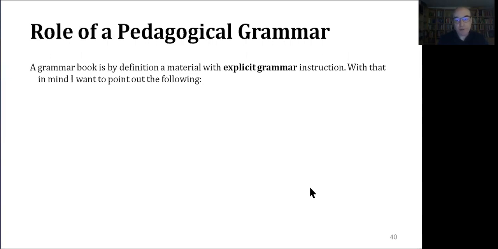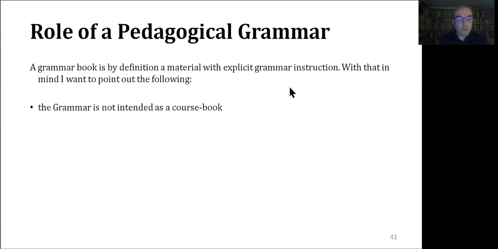So tying into the previous slide, how does my statement that there is a need for a middle ground solution tie into the explicit grammar instruction in the grammar book? For that, I would like to say the following.